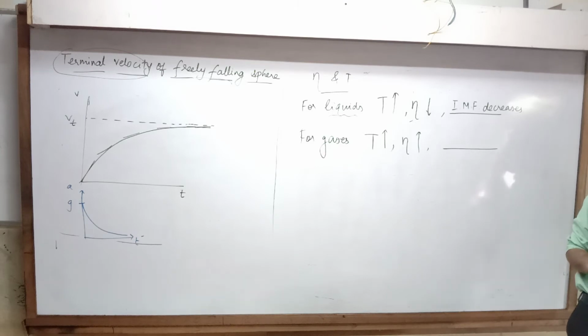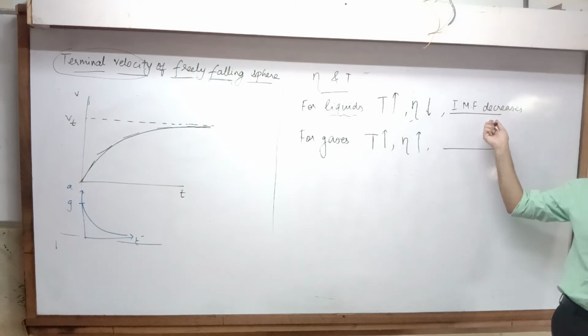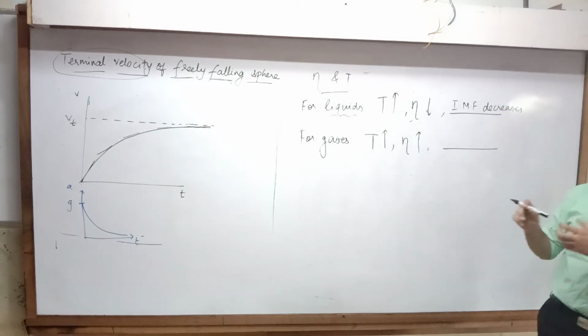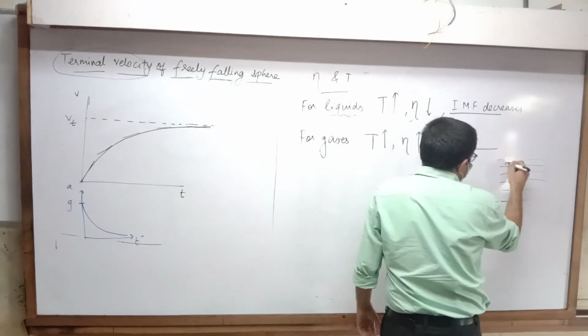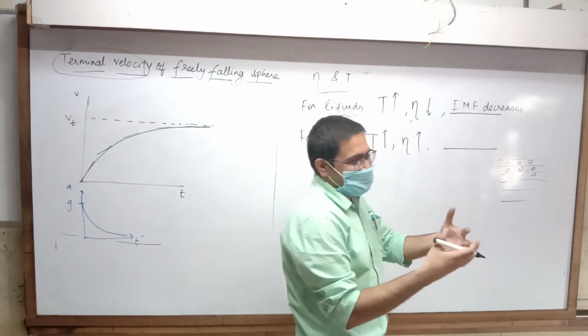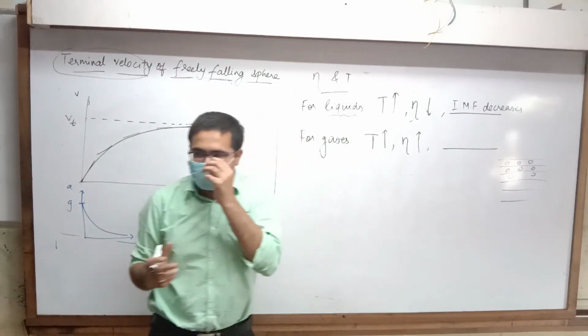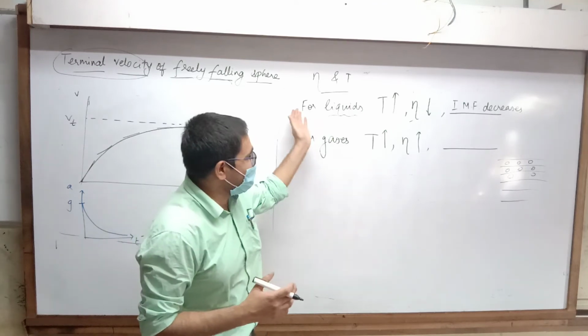So if you think of the layers that we're talking about, one layer of molecules pulling the molecules in another layer, that force of attraction will decrease. So coefficient of viscosity will decrease. Fine, first one clear?